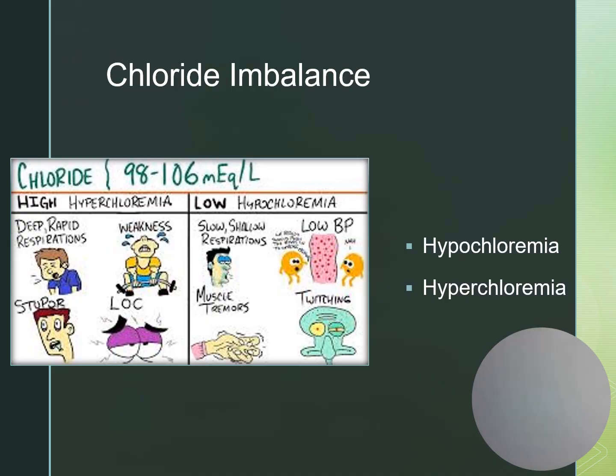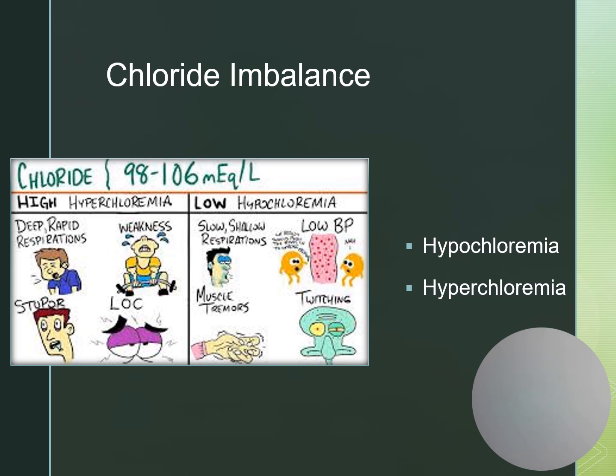Chloride. A normal chloride is 98 to 107. Hypochloremia is a low serum chloride that typically occurs during the loss of sodium. Think about table salt, that's sodium chloride. Think about normal saline, that's sodium chloride. We frequently are going to see chloride bound with sodium.